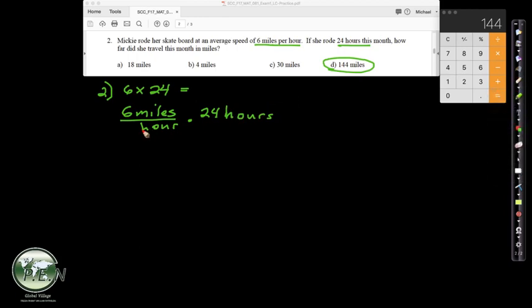Notice the hours divides out the hours. So when we keep track of units this way, and when we multiply, what we end up with is our 144, and the units remaining are miles. So you'll look at this a little bit more in the future. Okay, that's 2.